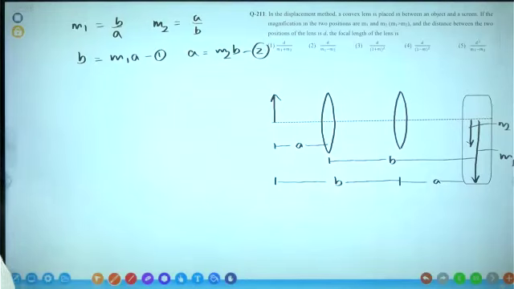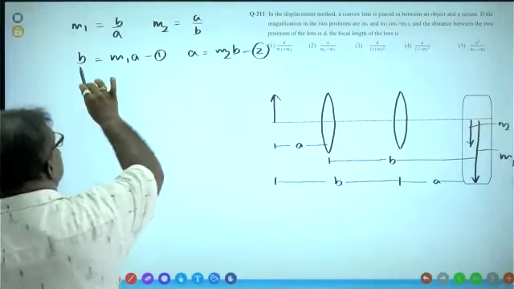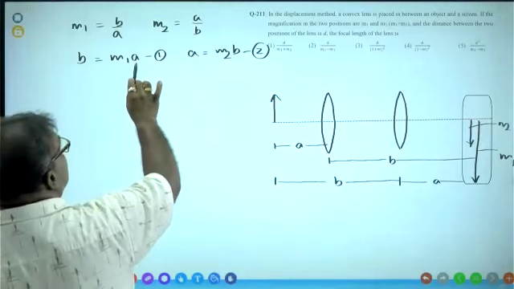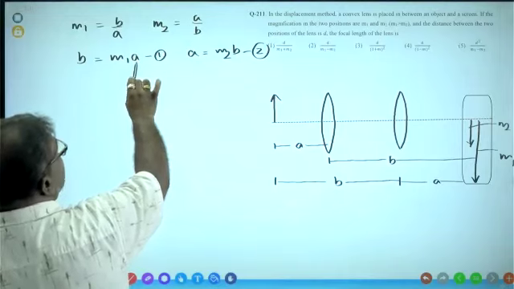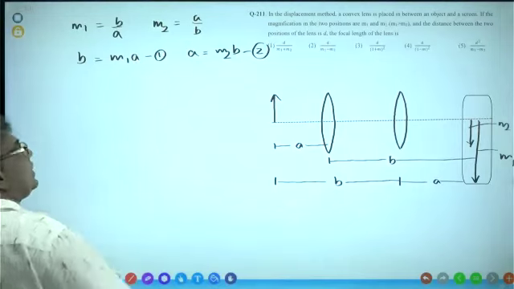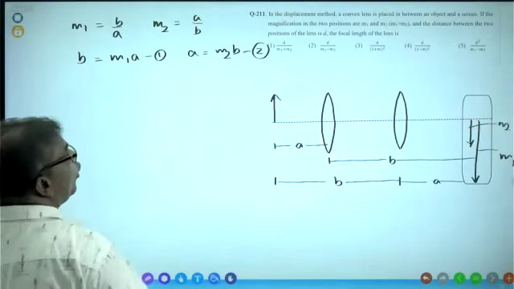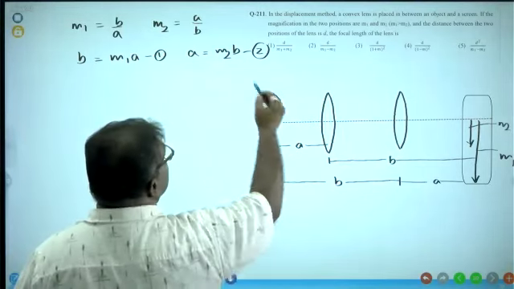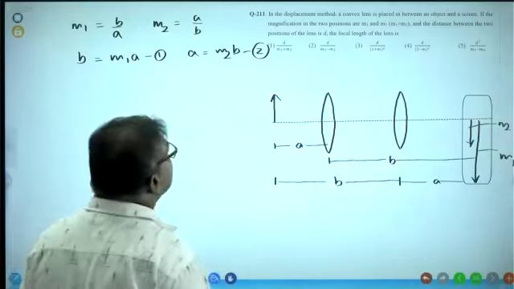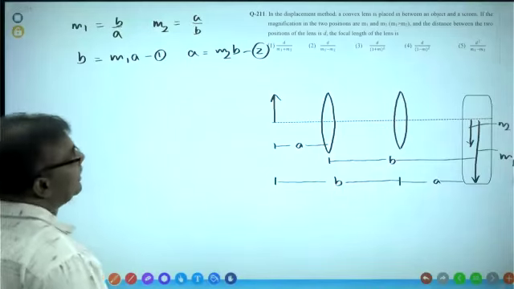Then we can identify the object distance and image distance at the given position in terms of their corresponding magnification and the other length. Image distance at the second step, or object distance at the first step, in terms of image distance and magnification, right?